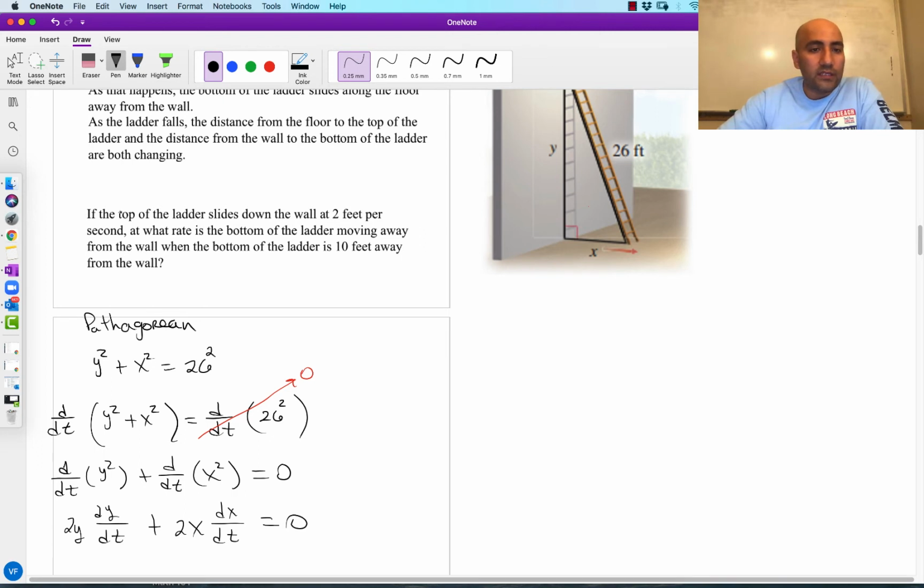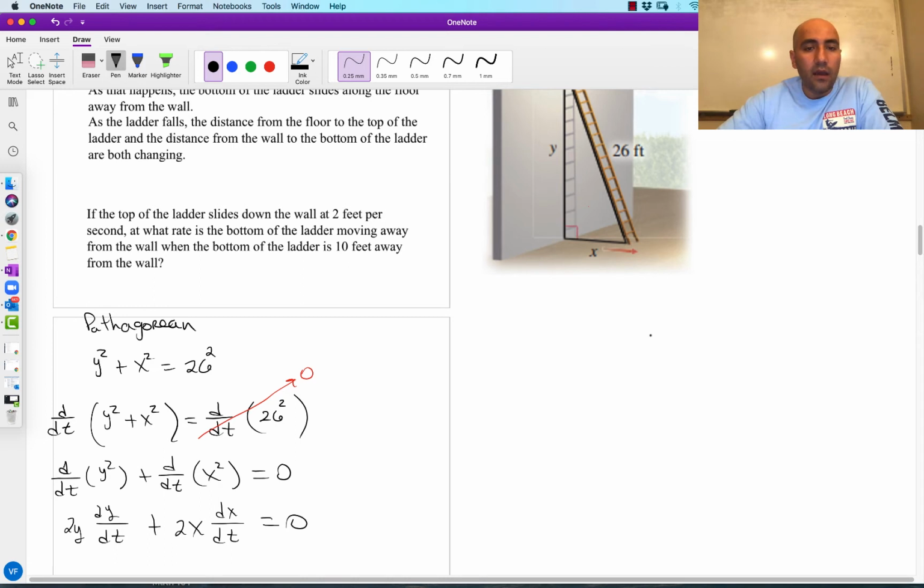So let's read this last part again and figure out what they're giving us and what they're asking for. If the top of the ladder slides down the wall at 2 feet per second, that's a speed for the y variable. So this is the dy dt variable. At what rate is the bottom of the ladder moving away from the wall when the bottom of the ladder is 10 feet away from the wall?